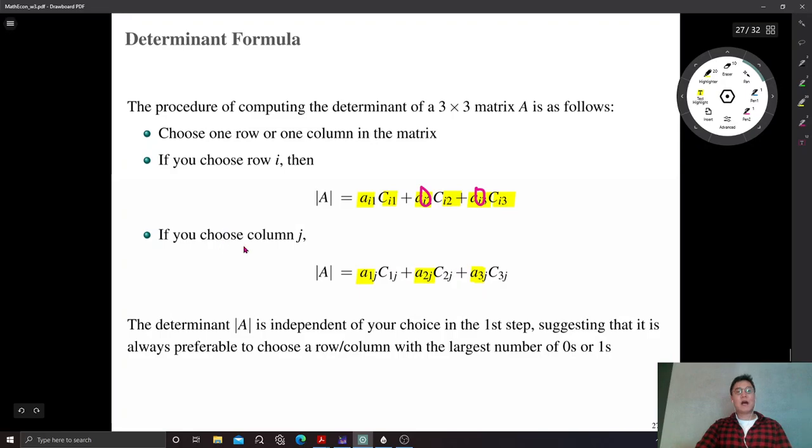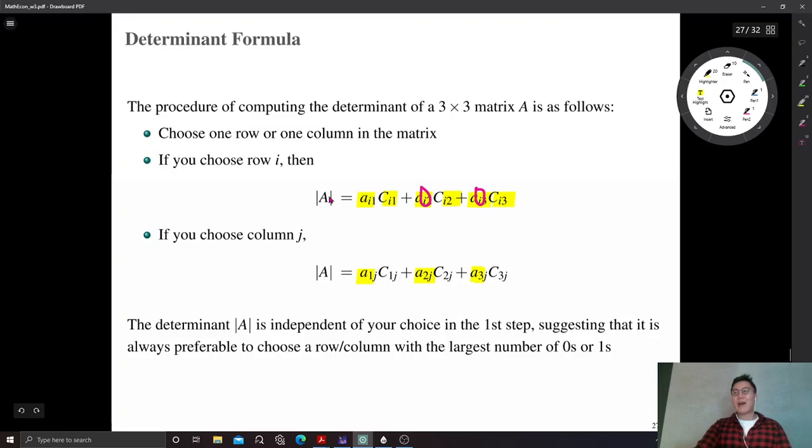If we choose column j instead, then determinant of A is going to be a linear combination of the entries in that column j and the corresponding cofactors. Of course, row i does not have to be the same as column j, but nevertheless, we are going to get the same value of the determinant.